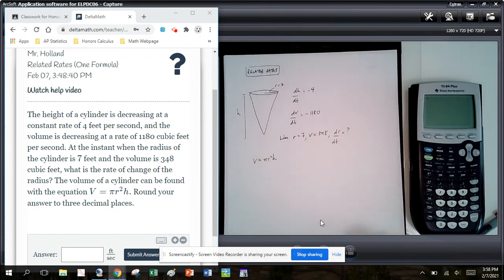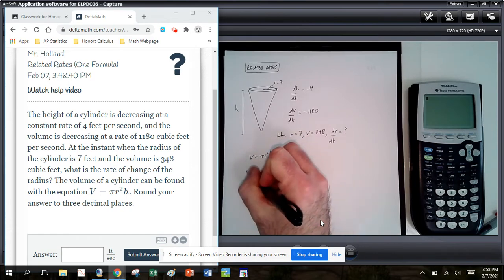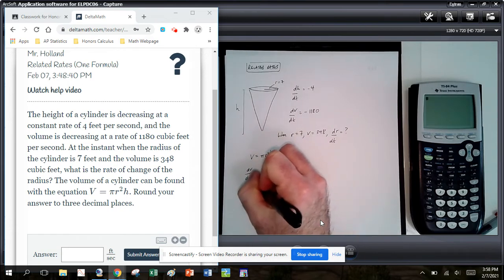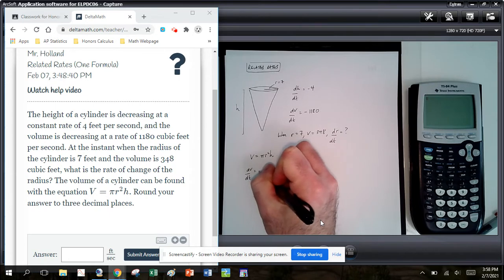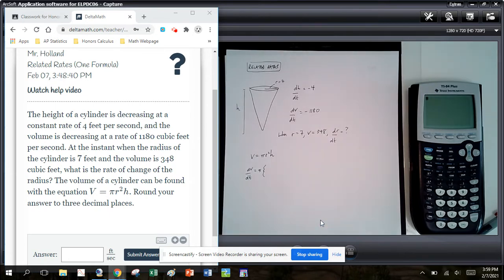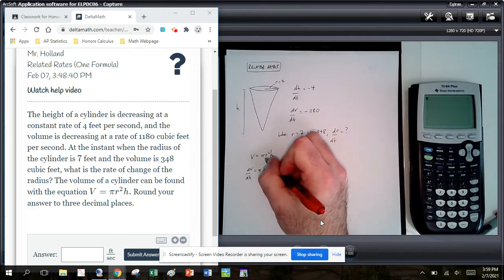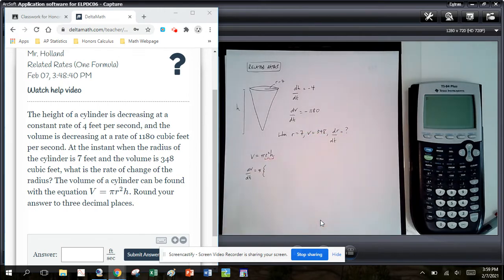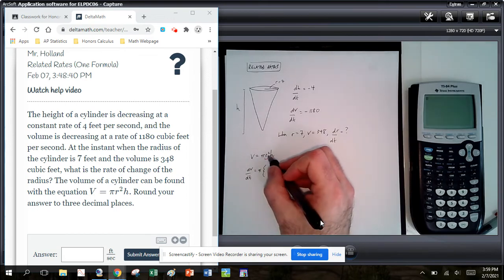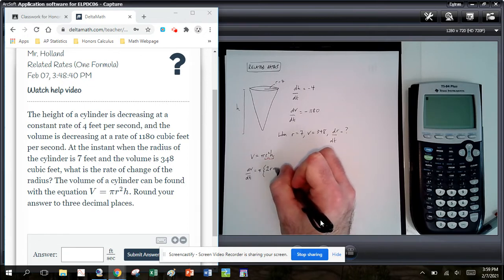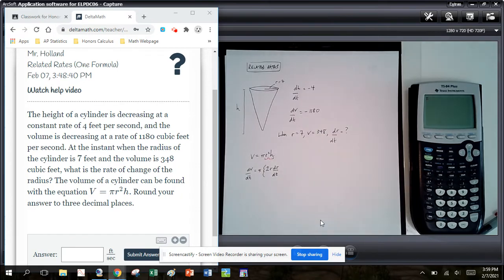So whenever you have a constant at the front, you can just take that out. So if I'm figuring out dV/dt, I can have my constant of pi on the outside. And then all I need to do is look at these two variables as products and use the product rule. So let's do that. So the derivative of r squared would be 2r, but remember we're dealing with implicit differentiation here, so I need a dr/dt.